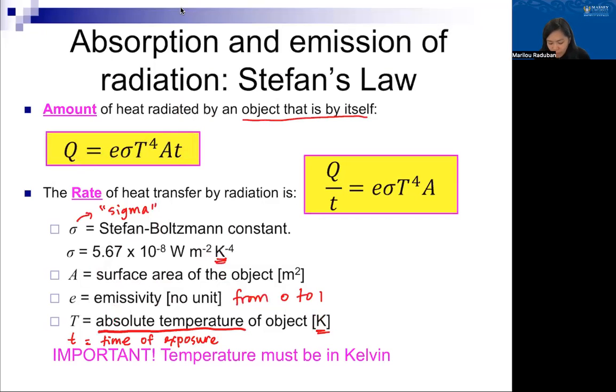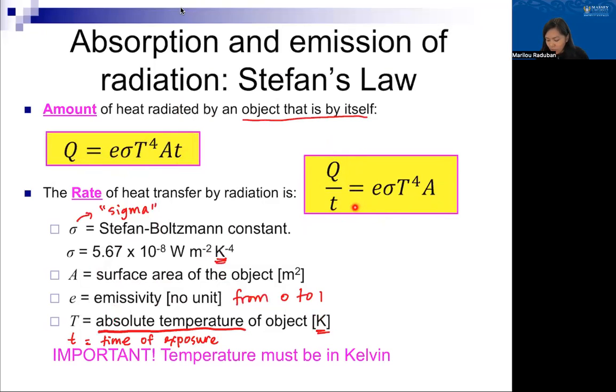If we divide both sides by the time, like we did in conduction and convection, we will have Q over t, and time disappears on the right-hand side. But we have, again, the rate of heat transfer or rate of heat loss, Q divided by the time t.